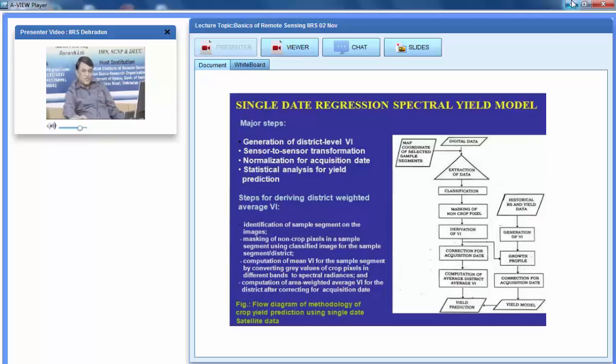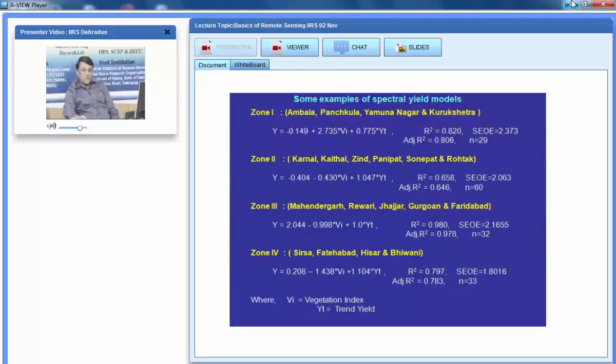Here you can see an example of a spectral yield model where the vegetation index is used together with technological trend, because over the period of time from 1950 or beyond, the green revolution, there was a large scale increase in input, irrigation input, fertilizer input, as well as varietal development, which led to a dramatic increase in the productivity of most food grain and other crops.